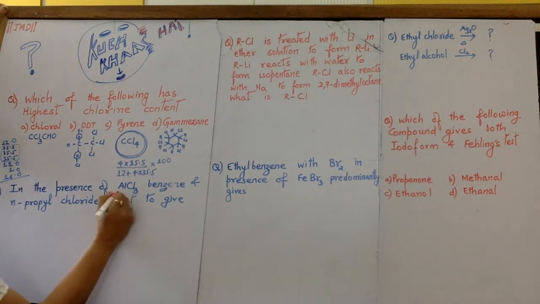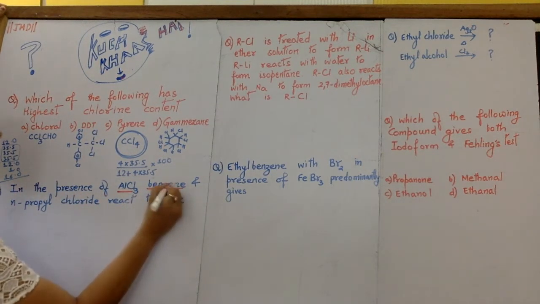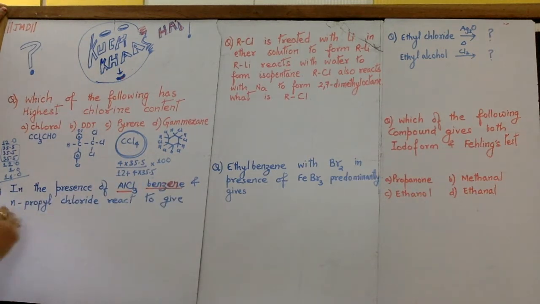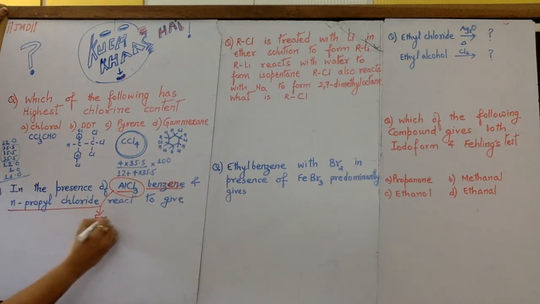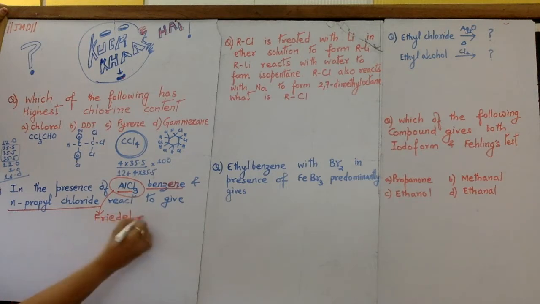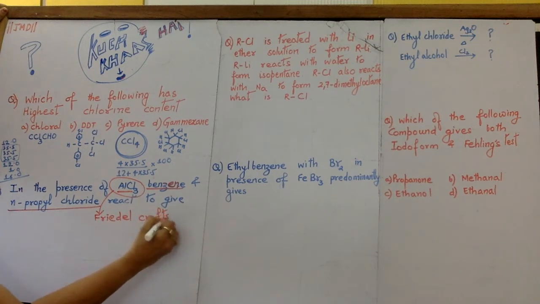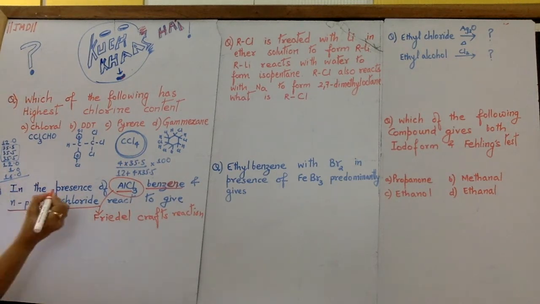In the presence of AlCl3, benzene and n-propyl chloride react to give? Now see, the moment I see AlCl3, this reminds me of Friedel-Crafts reaction. Now how does the reaction get initiated?